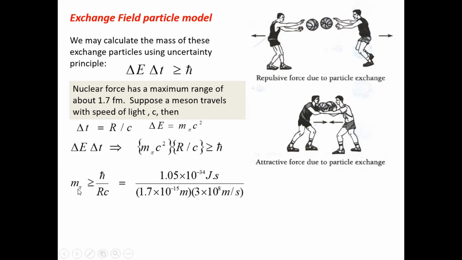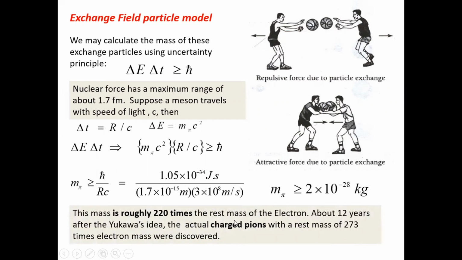Substituting, this meson mass can be detected and measured, and it comes to be about 2 into 10 to the power minus 28 kg. In terms of comparison, we can say that it is about 220 times the rest mass of the electron.